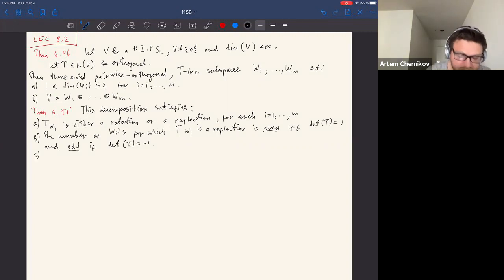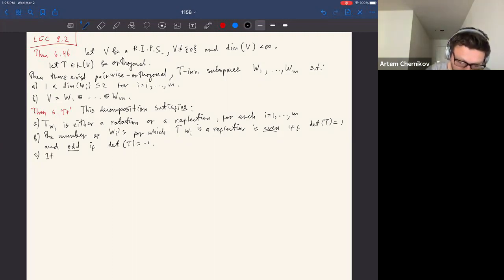And finally, C: we can moreover choose this decomposition, the subspaces W1 through Wm, a bit more carefully to ensure that there is at most one reflection appearing on this list.